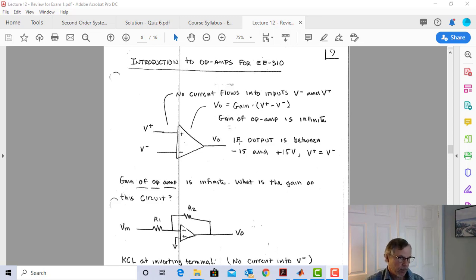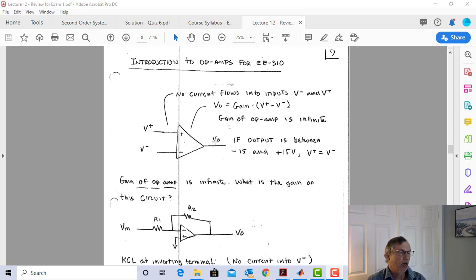And so what we can say based on this is that if the output of the op-amp is somewhere in the range of, let's say, minus 15 volts to plus 15 volts, then the voltage at these two pins or inputs is going to be the same. Why is that? Let's say that the voltage gain is actually 1,000,000 and the output voltage here is 1 volt.